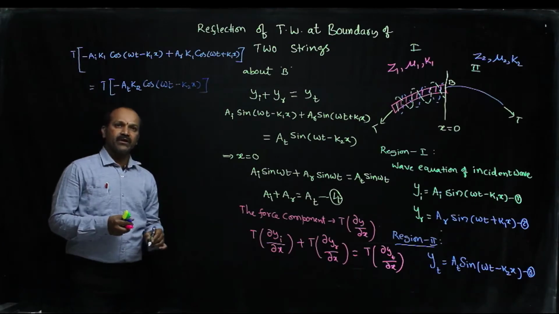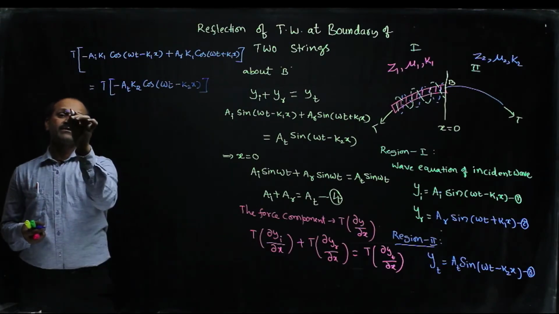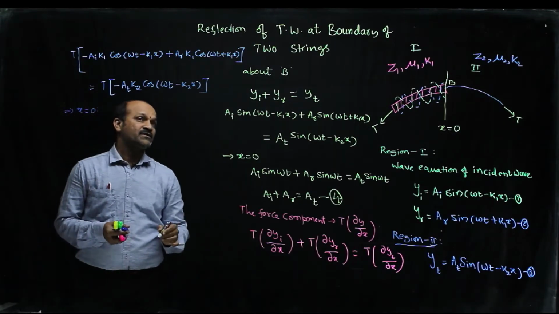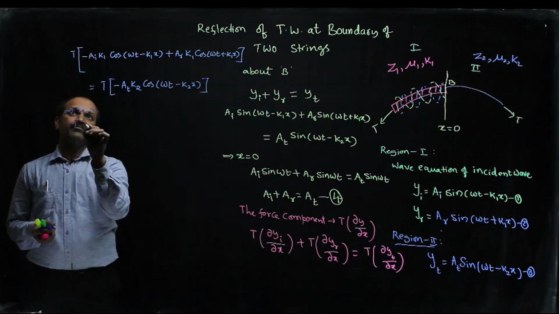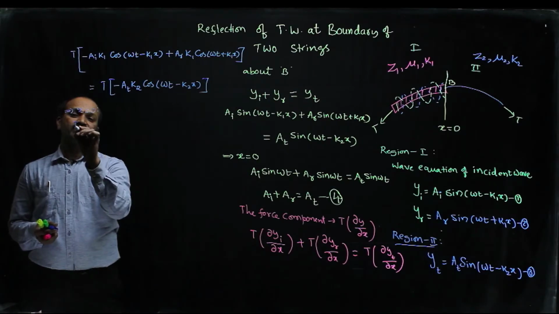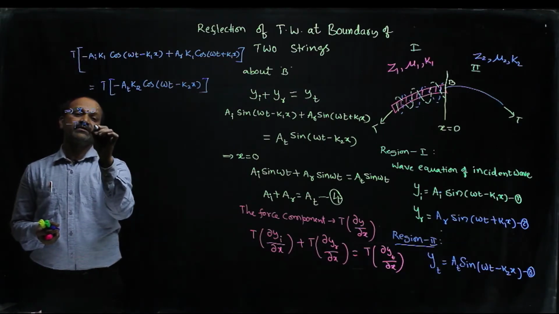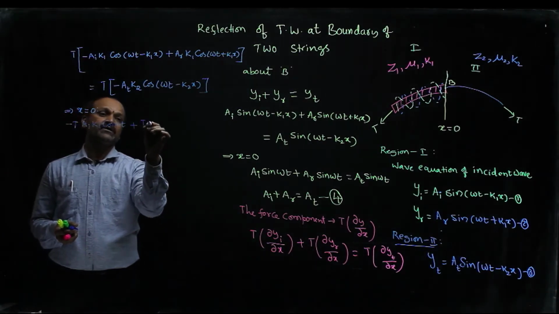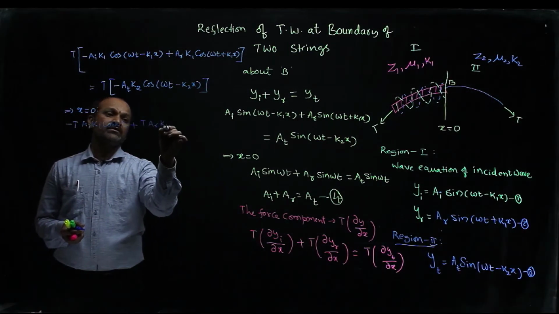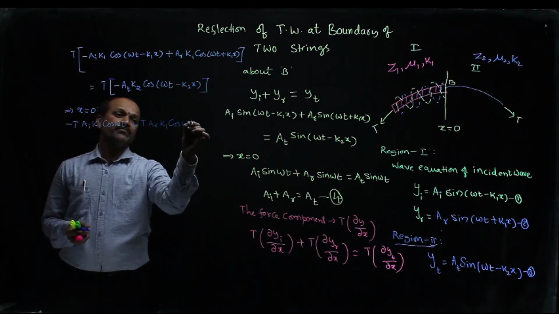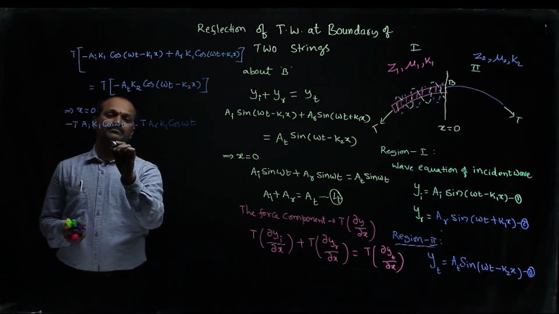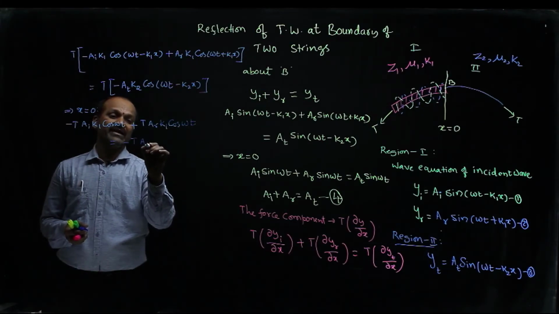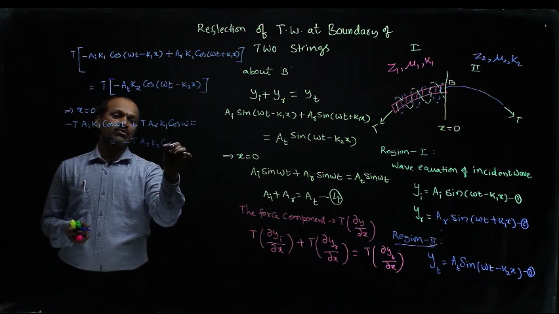Now let us apply the condition x is equal to 0 again here. When you apply the condition x is equal to 0, we get minus Ai T k1 cos omega t plus T Ar k1 cos omega t is equal to minus T At k2 cos omega t.